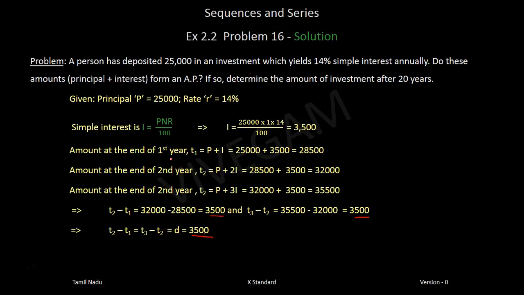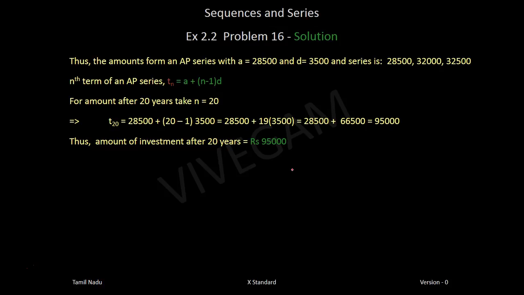So the amount at the end of the first year is 28,500. This is A, and D is 3,500. So it forms an AP series with A equal to 28,500 and D equal to 3,500. The series is 28,500, next add 3,500 to it, it becomes 32,000, and T3 is add 3,500, that is 35,500. It goes on like that.